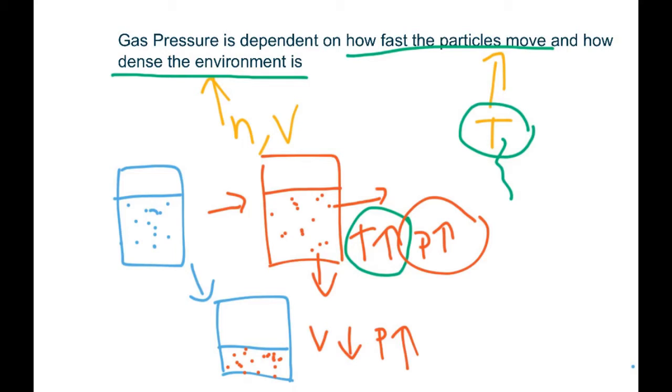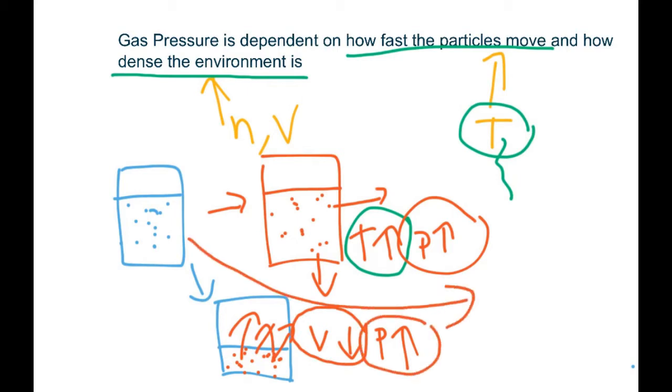And because there are more frequent collisions on a certain area, the pressure will increase since there's technically more force going on at a certain time, because the particles are crashing into the container more often. So therefore, decreasing the volume increases the pressure.